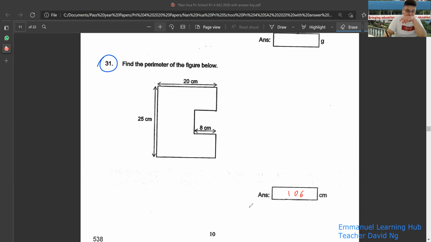It's 106 lah, the answer. I show you how to get 106 lah. No, I know how to do. If you know how to do, I will skip this question. Okay, then we move on to the next question.